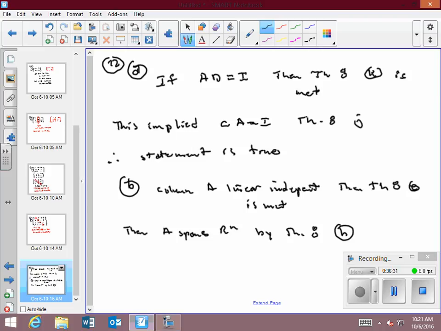And then you can say, therefore, this is true because theorem 8H implies it. And therefore the statement is true.